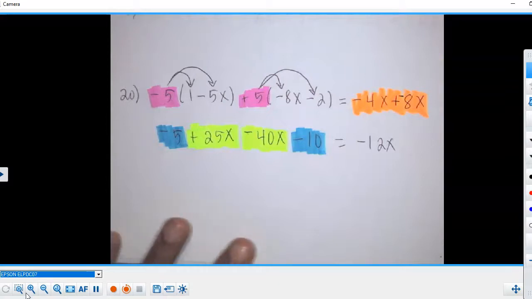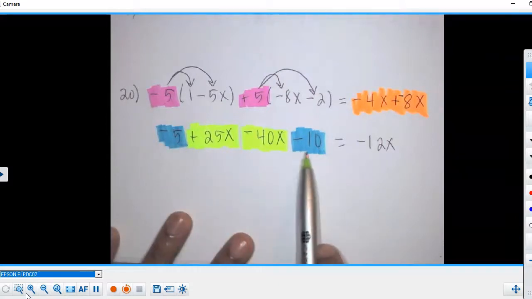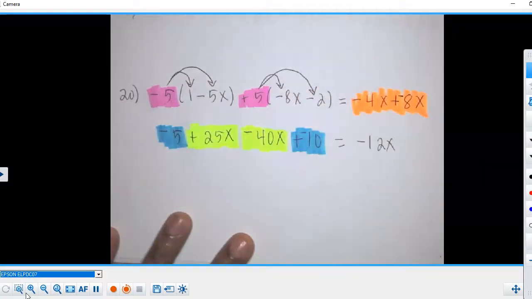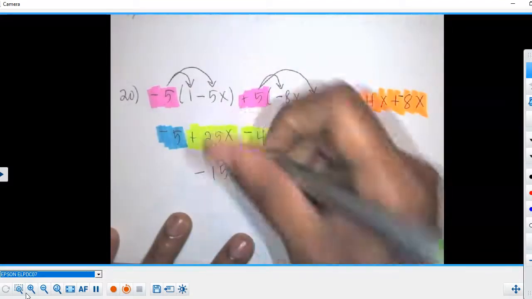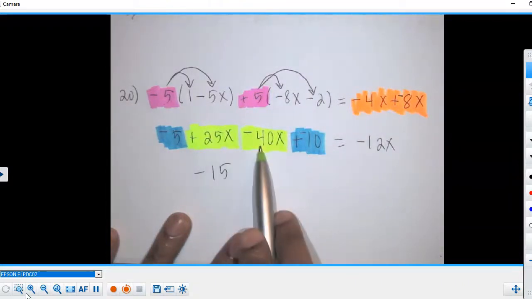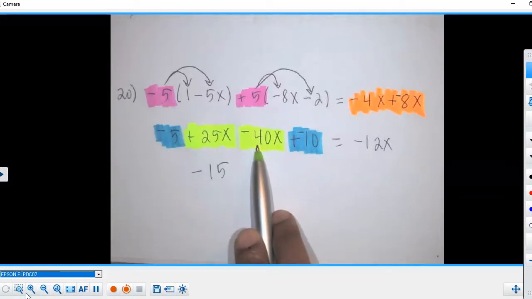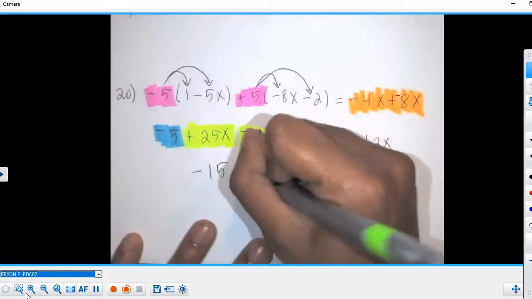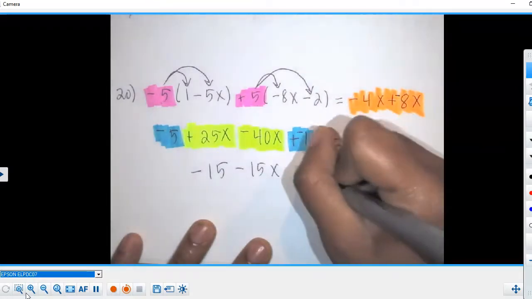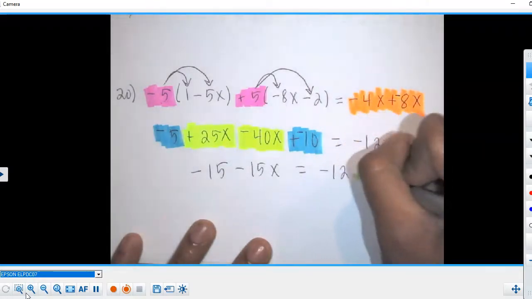So when I do that, -5 minus 10, that's -15. Change to a plus, bump back so you can see it. So I have -15. And then 25x minus 40x, you're going to subtract and keep the sign of the bigger number. So that's -15x. Double checking. Equals, and this is -12x.